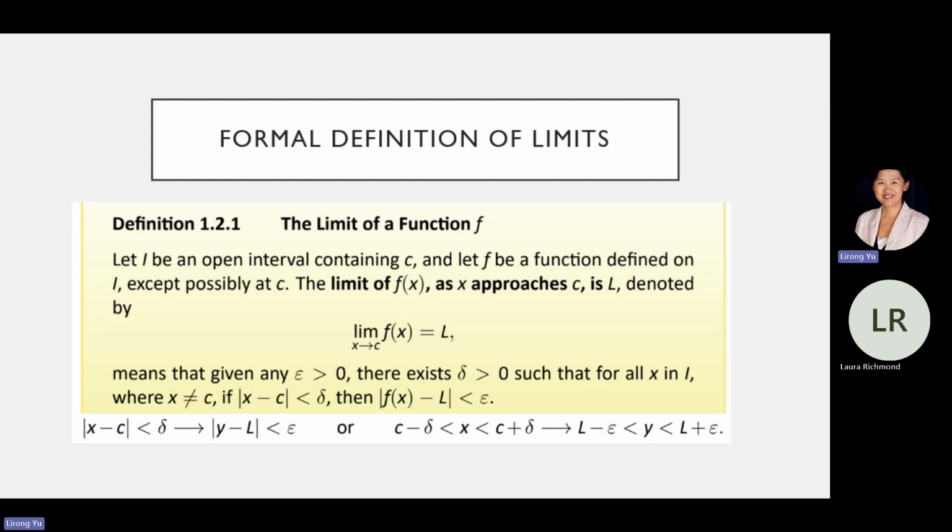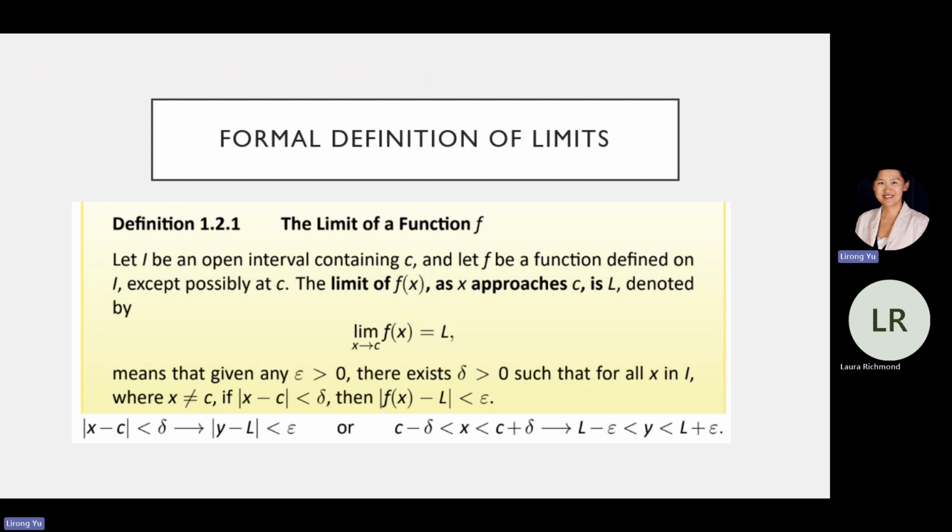So suppose I is an open interval containing c, then that gives us a possible path to go close to c. f of x is a function defined on the interval I, except possibly at c. See, you can see that we don't worry about c. It's possible for the function f to be undefined at c, but it has to be defined everywhere else, because you're trying to make sure there's a path leading to the limit.